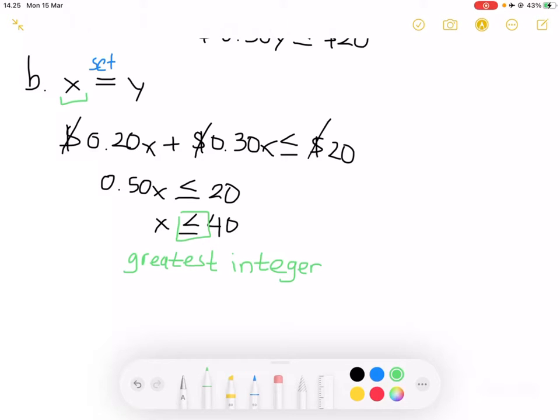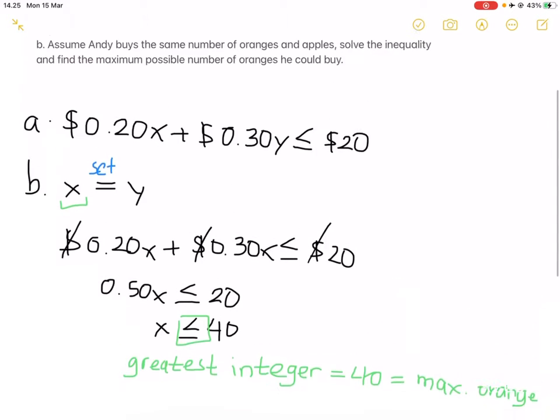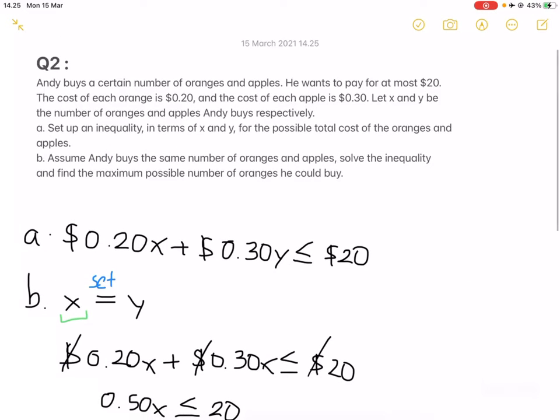That makes even less sense. So that's why we must choose an integer in this case, and the greatest integer will be 40. This is the maximum value of x, the maximum number of oranges that Andy could buy if he wants to pay for at most $20.